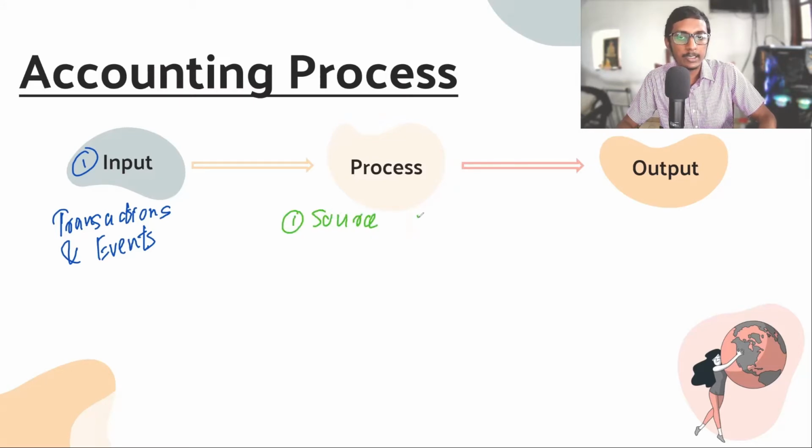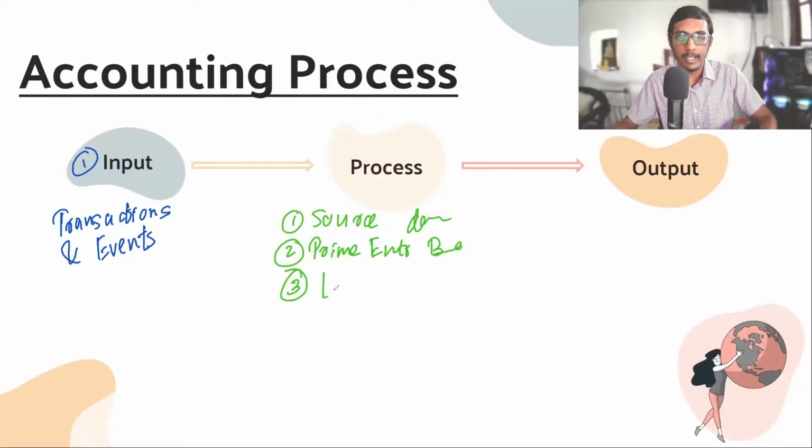Number 2, prime entry books. Number 3, after preparing those prime entry books, we can post those transactions into our ledger.